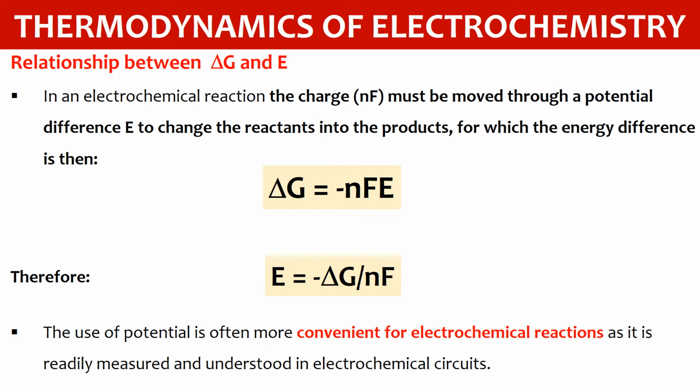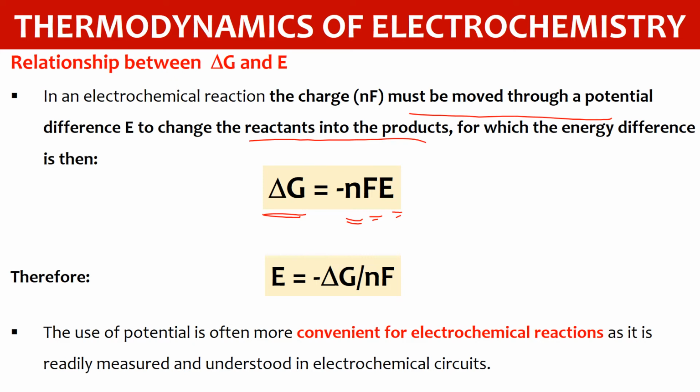So in an electrochemical reaction, a charge, which is measured by the number of electrons or the number of charge carriers times the charge of each carrier, must be moved through a potential difference E to change the reactants into products, for which the energy difference must be equal to delta Gibbs free energy, which is minus the number of charge carriers times the Faraday constant times the potential.